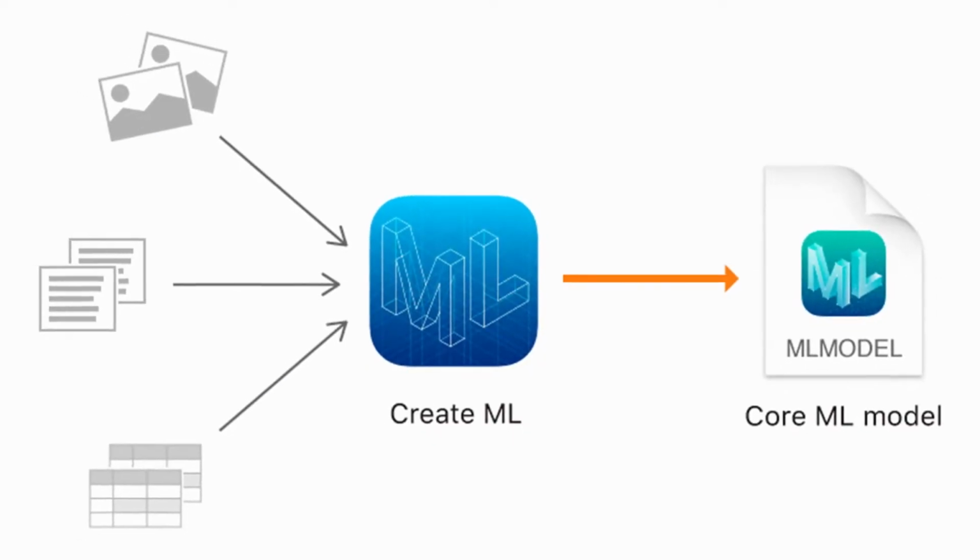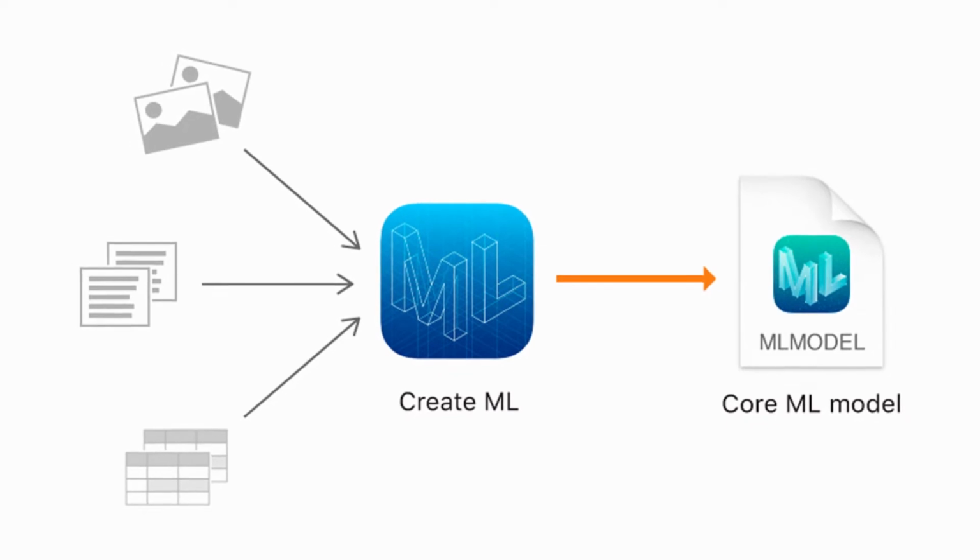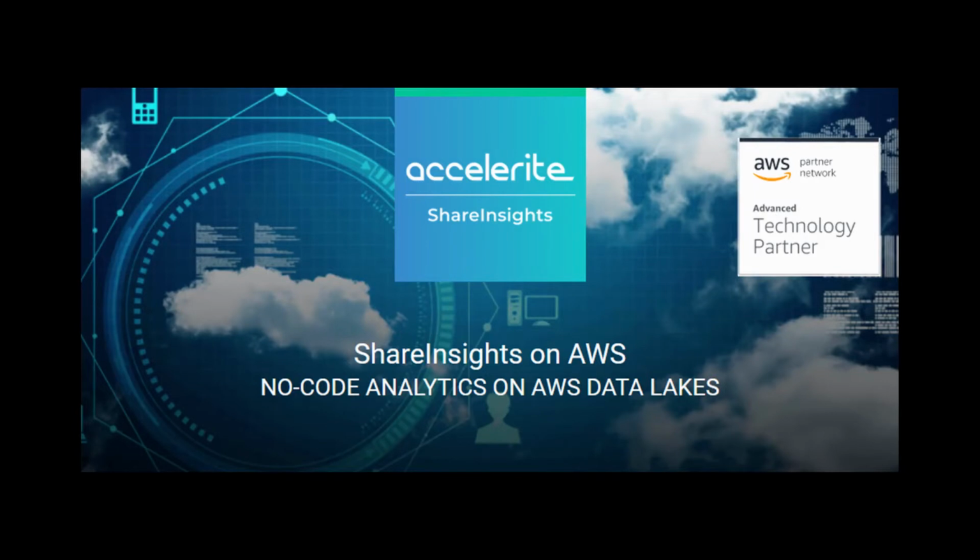But there are so many others, like Create ML from Apple. You need to use Xcode in this case, so there's a barrier there. And there is SageMaker on AWS, that's Amazon's service. And I think Amazon Web Services also has its own interface that allows you to build with no code, with really not writing much code.